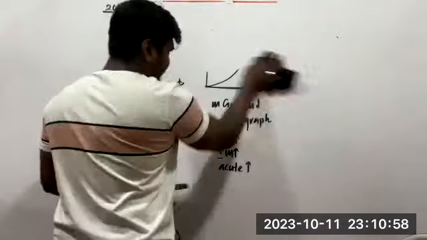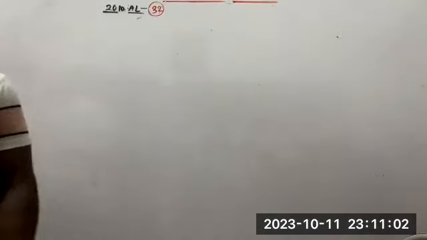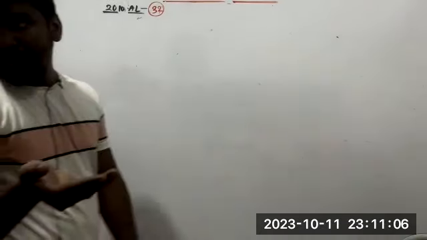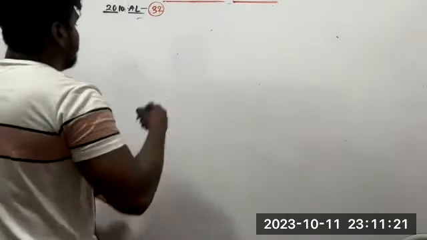Now this is also very easy. Tell me the right answer for this question. It says that if the moments of inertia of a uniform cylindrical rod about the axes A, B and C shown in the figure are IA, IB, IC respectively. Everyone tell me the answer. Quick.